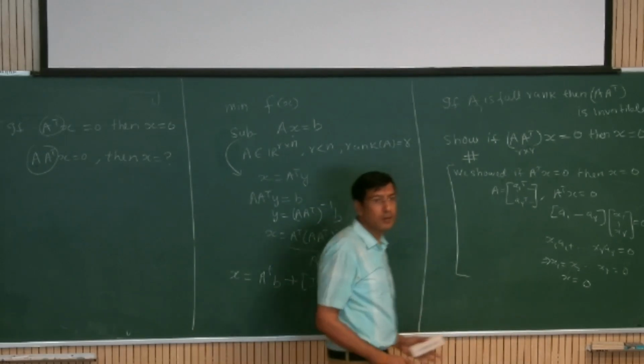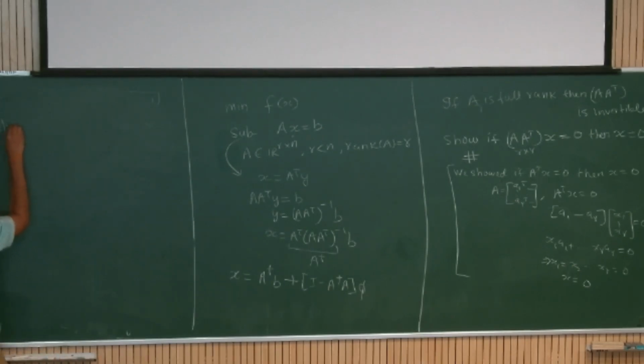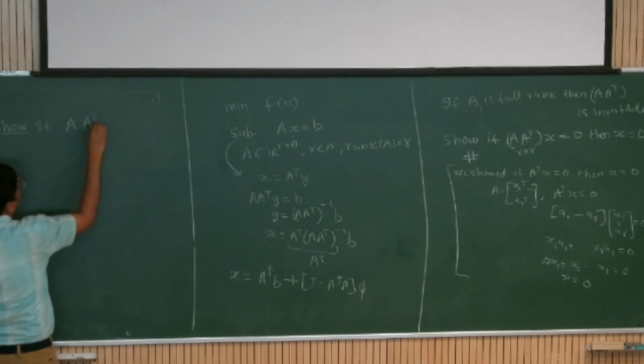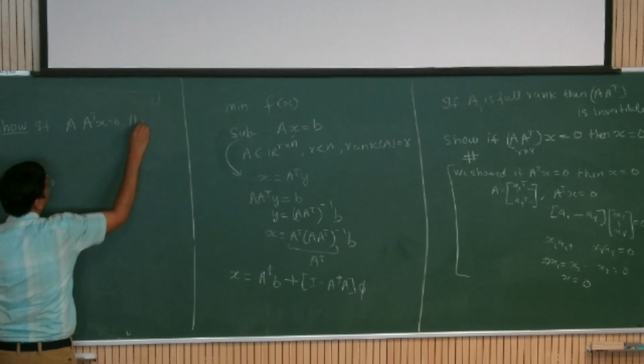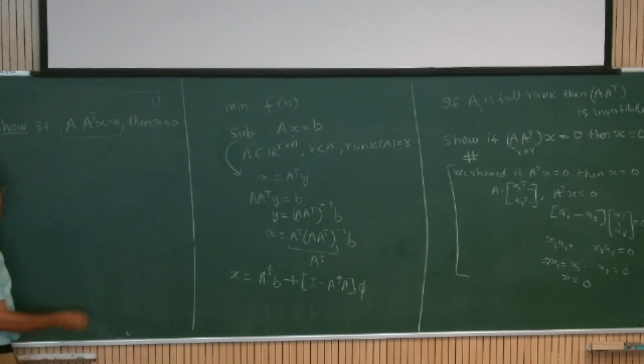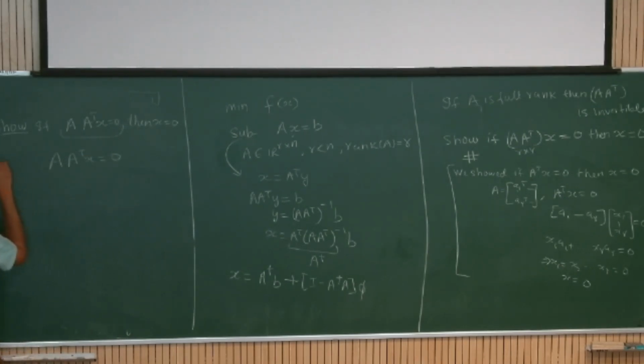Is everybody with me? Okay, so we have to show, I'll keep carrying this word show with me. Show if A A transpose X is equal to 0, then X is equal to 0. So our starting point is this. So what I did was, I'll say A A transpose X is equal to 0 is given to me. Everybody with me? Now I'll multiply this with X transpose: X transpose A A transpose X is equal to 0.